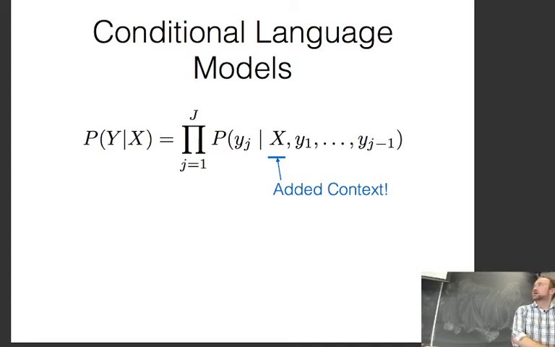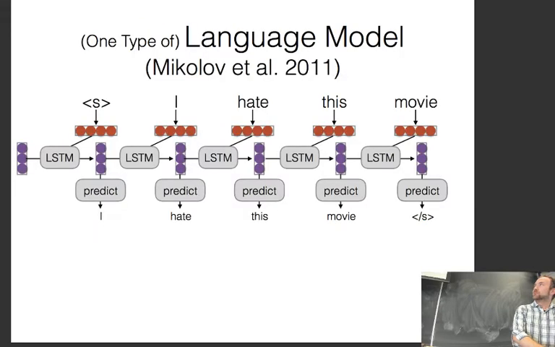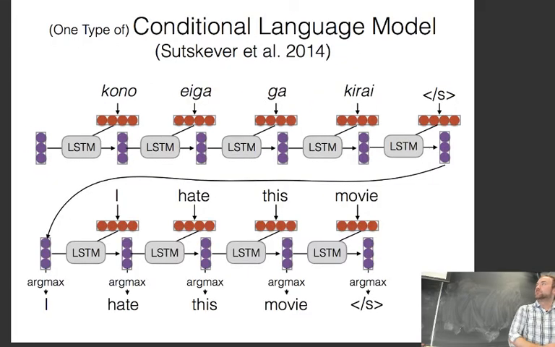This is all quite simple. And normally, our go-to language model is basically an LSTM language model where we take in the previous state, the input, calculate the next state, and then use it to predict.